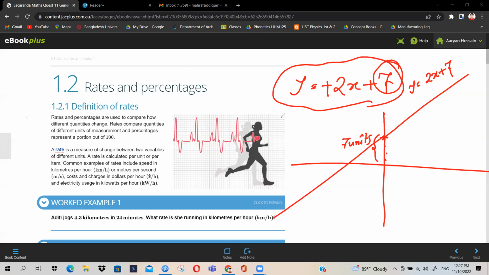Now if you are given a graphics calculator, will you bother to understand these things? You can easily type down y equals 2x plus 7 and you will get the answer. That's the thing. They expect us to already know what these things are, so why have the trouble of working something out for so long, even though you know it, then just give you a calculator.